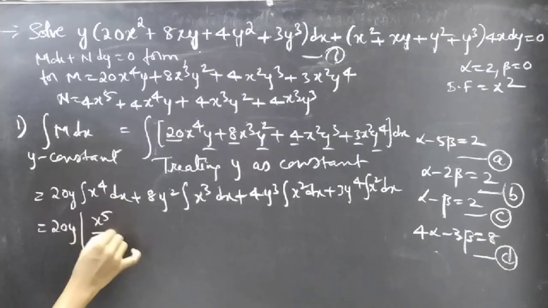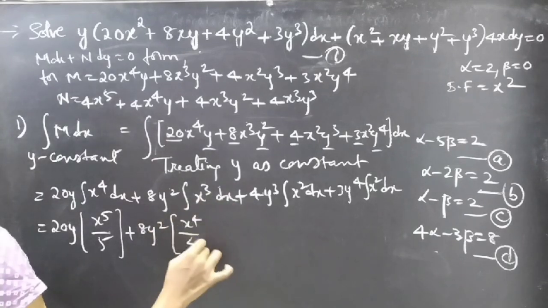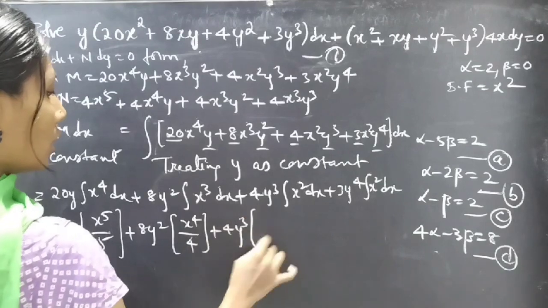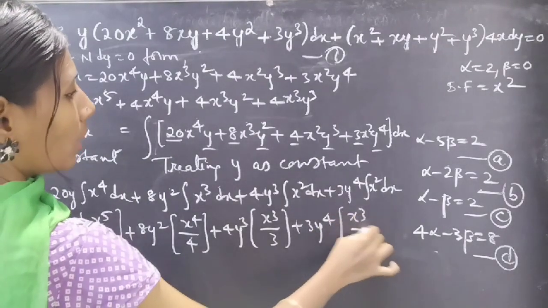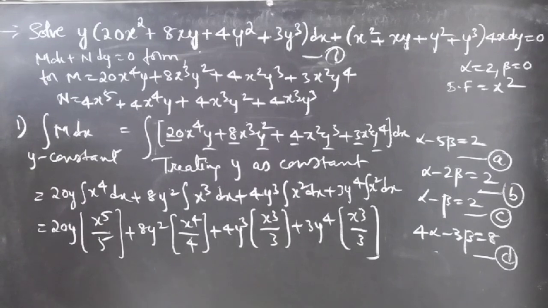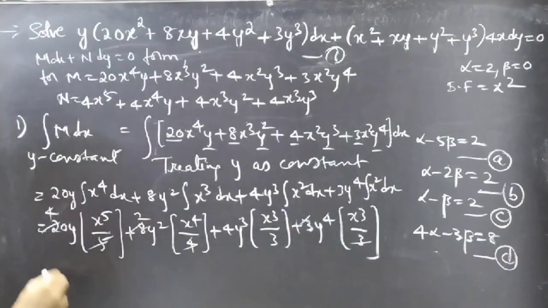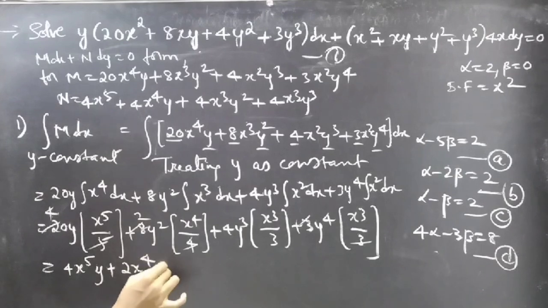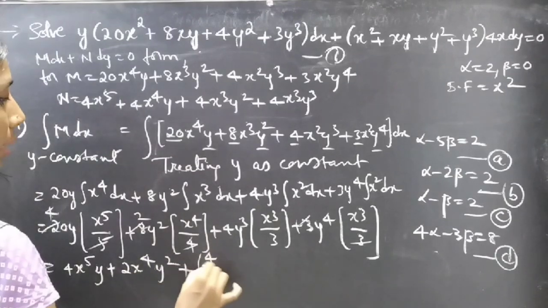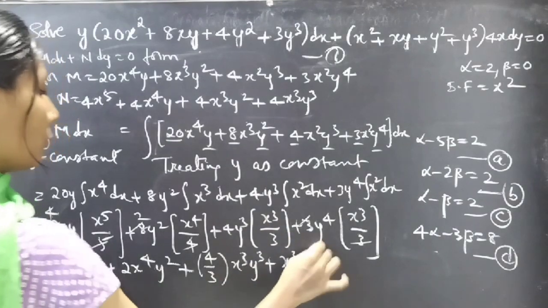which gives us 20y into integral x power 4 dx is x power 5 by 5 plus 8y square into integral x cube dx is x power 4 by 4 plus 4y cube into integral x square dx, x cube by 3 plus 3y power 4 into integral x square dx, x cube by 3, which gives us 4x power 5 y plus 2x power 4 y square plus 4 by 3 x cube y cube plus x cube y power 4.